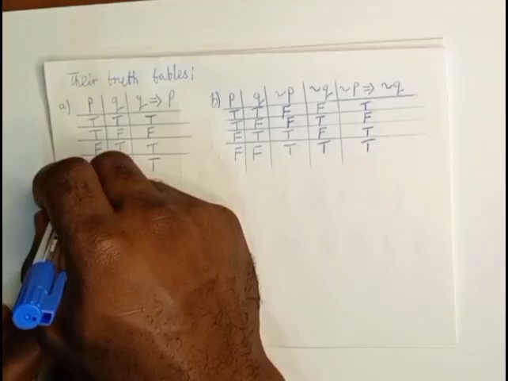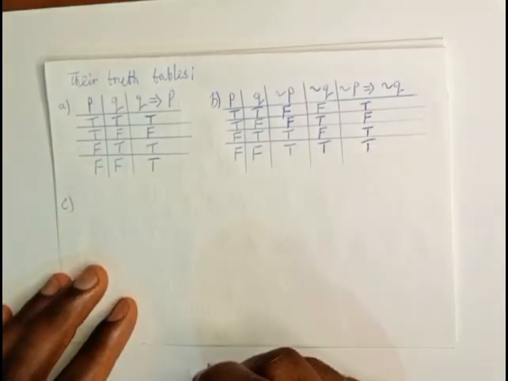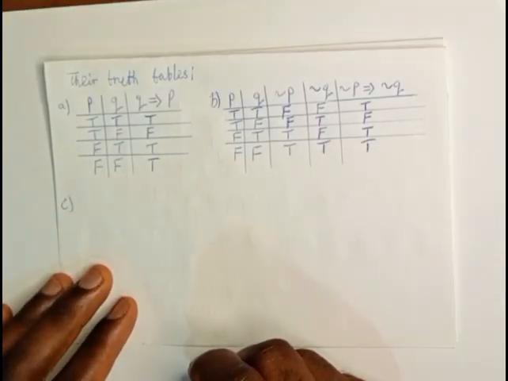Lastly, we have to draw the truth table for the contrapositive.